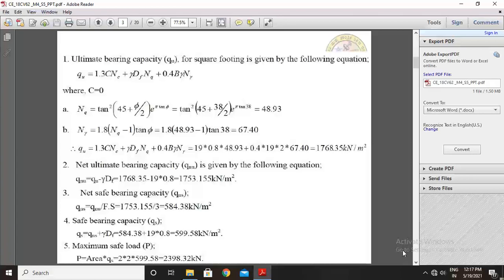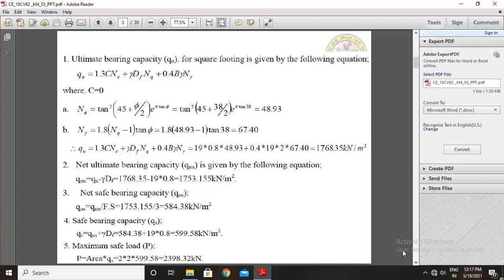First step, the ultimate bearing capacity for a square footing is given by the following equation: Q equal to 1.3 times c Nc plus gamma Df Nq plus 0.4 times B gamma N gamma. This is for sandy soils, so c is 0.